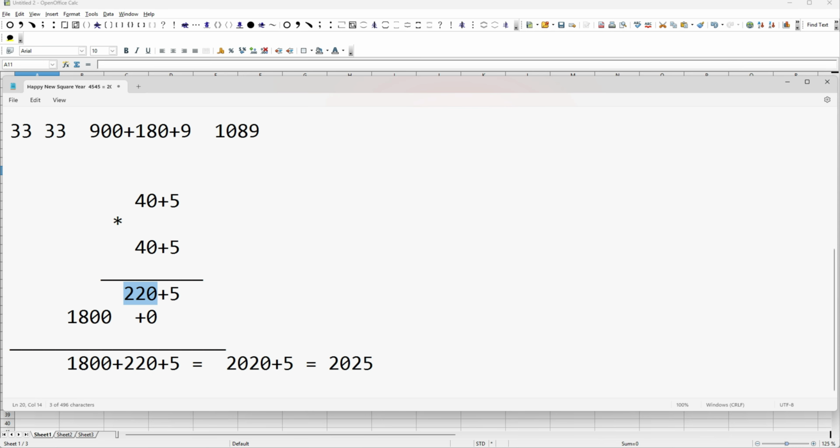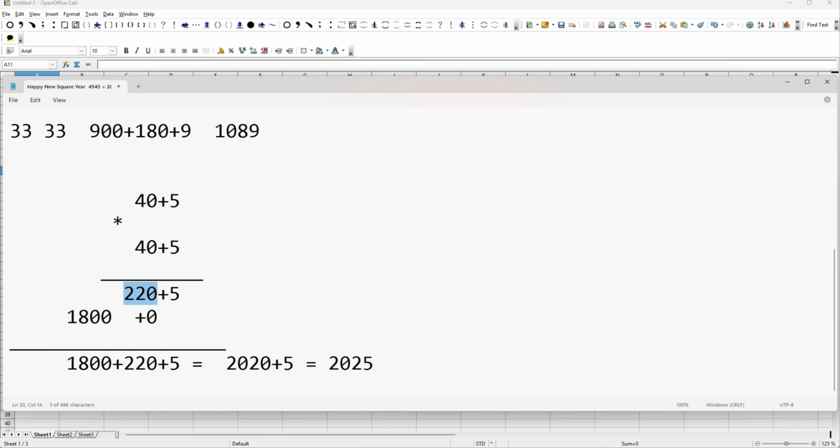Then going this way, you've got 5 times 40 is 200. So you'll put your 0 down here and you'll carry 20 up here. Or you'll carry 200 up here. Either way, whatever you're doing, you're carrying 200 up here.